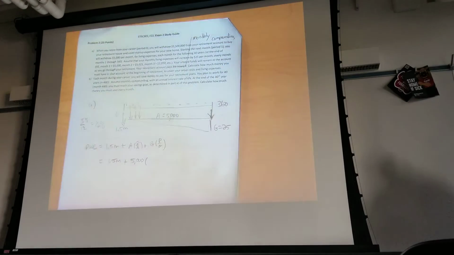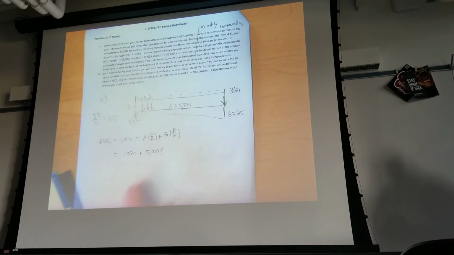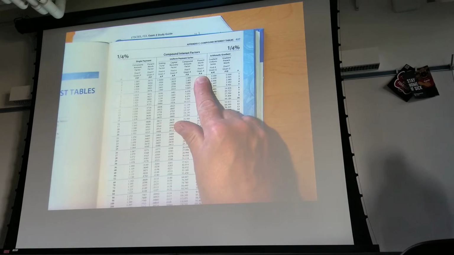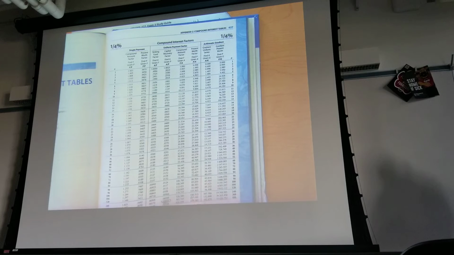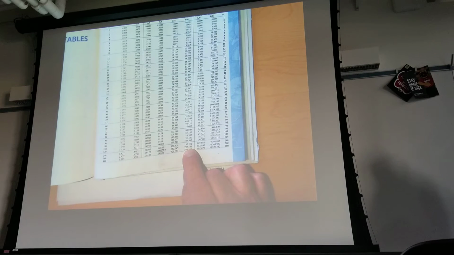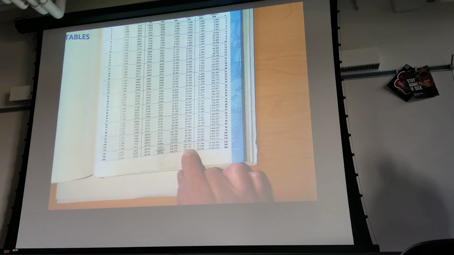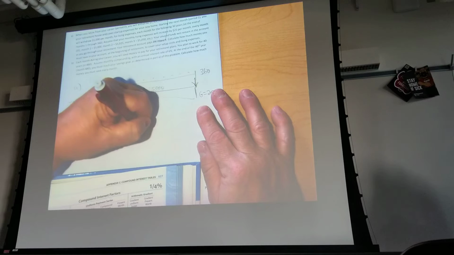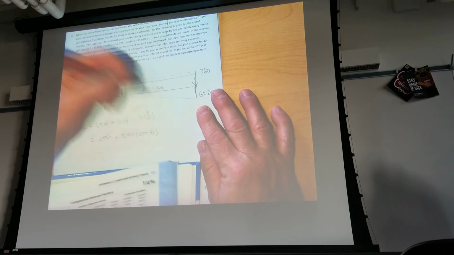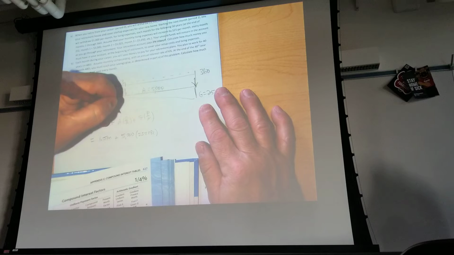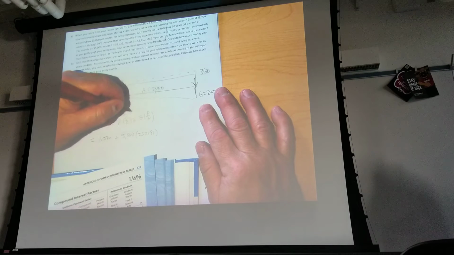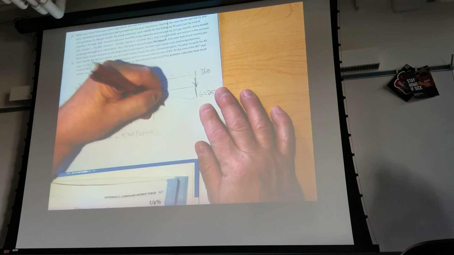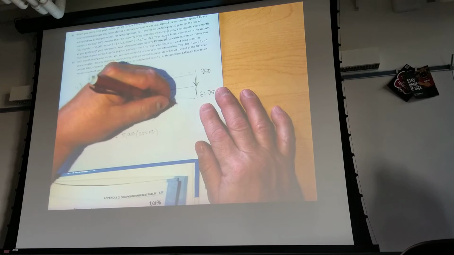Okay, so we need P over A and P over G for 360 periods. 1/4% P over A, all the way down to 360 is the next to the last row. It's 237.191. And that's P over A 1/4%, 360, and P over G 1/4%, 360.